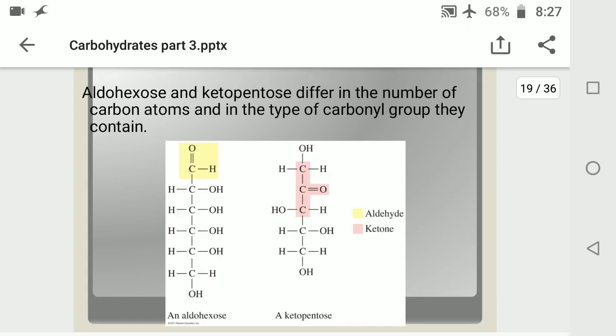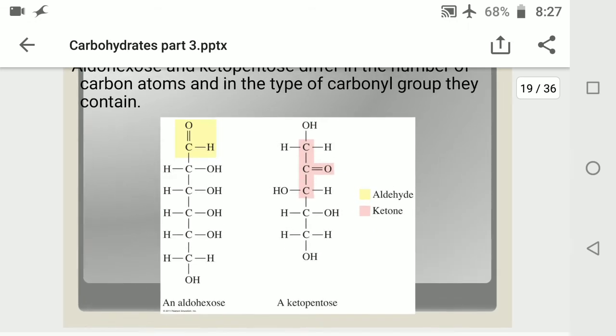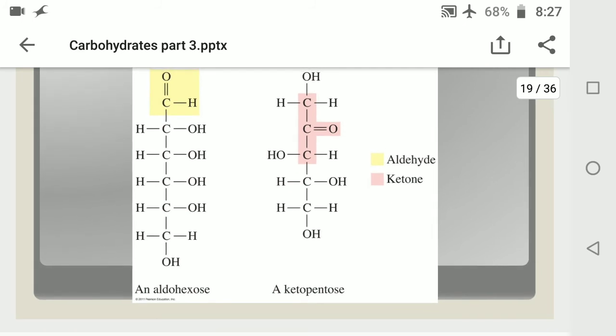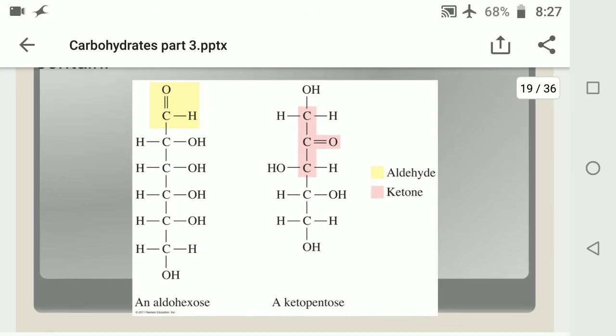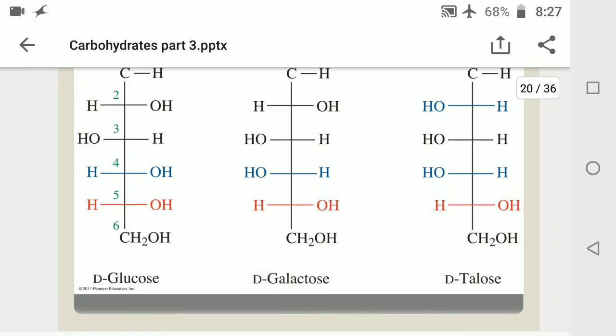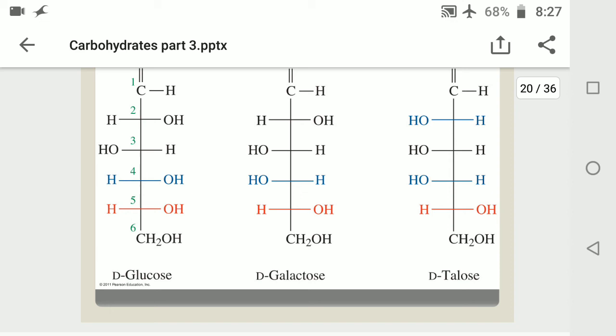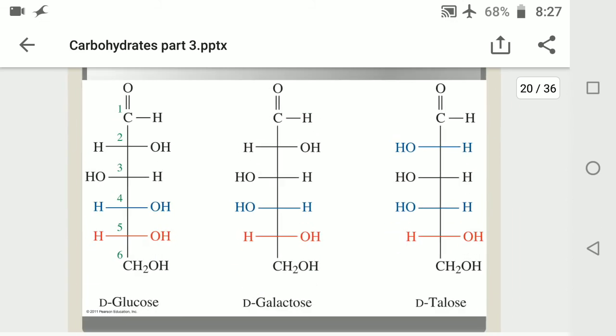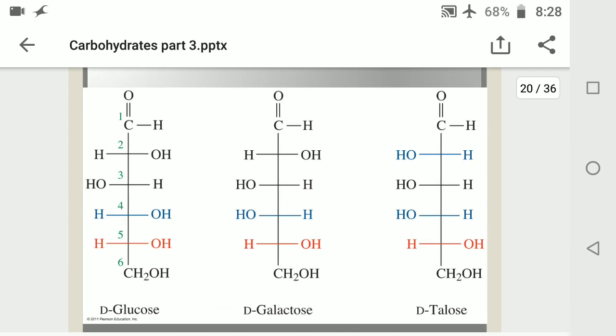See the structures: aldopentose and ketopentose, aldohexose. See D-glucose, D-galactose and talose. See the difference in their structure.